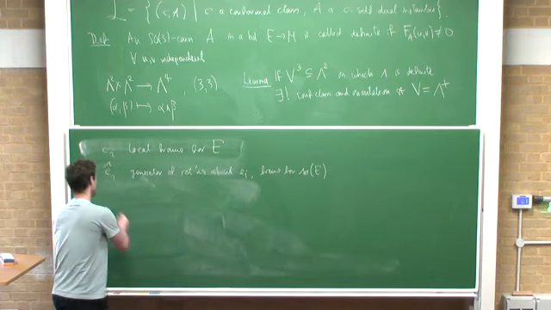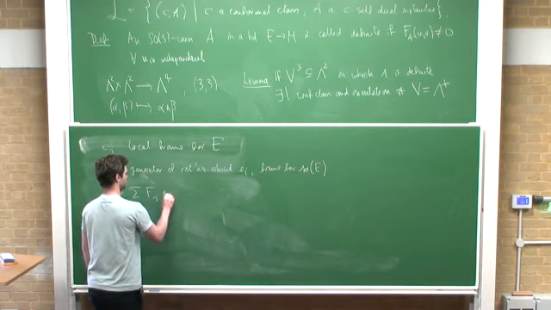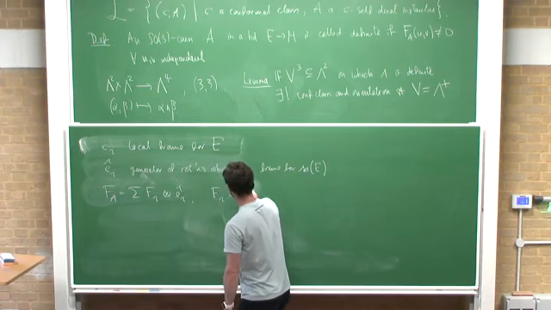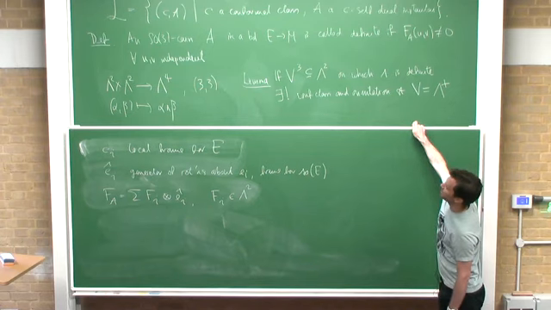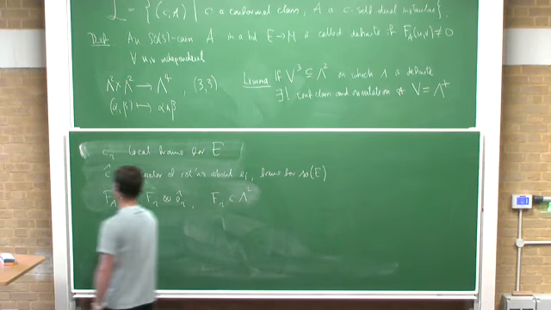And then I can write my curvature F_A as 2-forms with values in rotations. So these F_i are just 2-forms. And now it turns out that the definition of being definite that I gave up here is equivalent to the following fact.